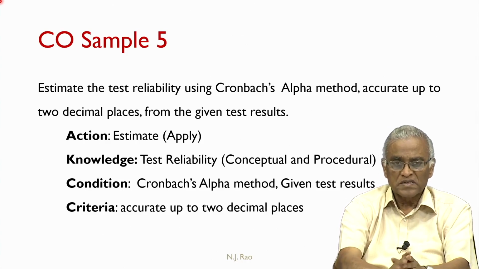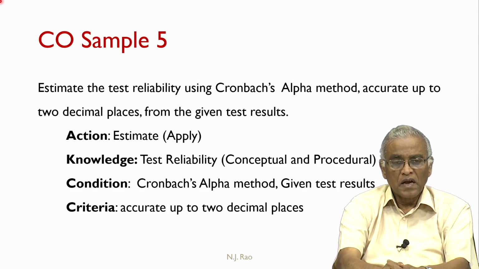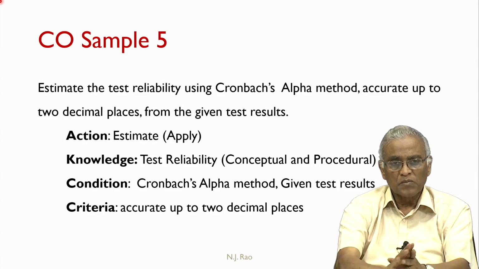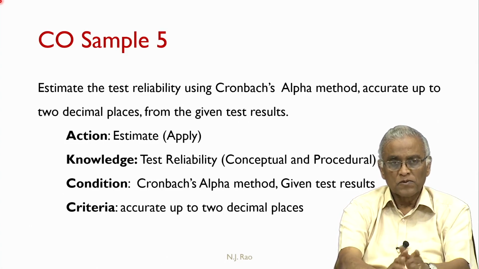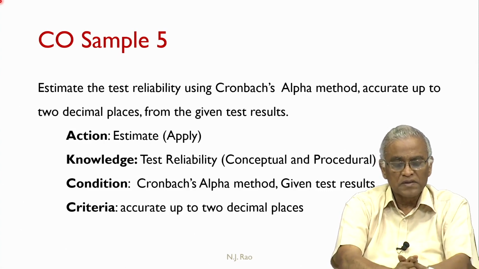So action is estimate, that belongs to apply. Knowledge is test reliability, conceptual as well as procedural, and condition is Cronbach alpha method and given test results. You have to work only on the test results and using Cronbach alpha method, and criterion is accurate up to 2 decimal places. So as you can see, all the elements are present in the case of this sample.